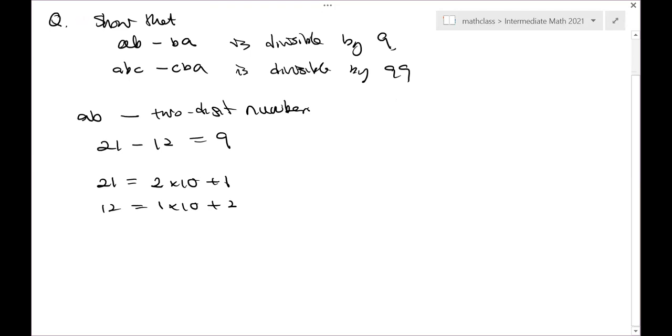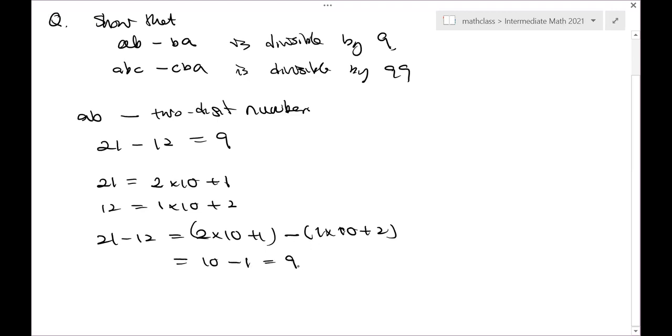So let's take the difference: 2 times 10 plus 1, minus 1 times 10 plus 2. The difference here is a 10, and then 1 minus 2, so that's going to be 9.